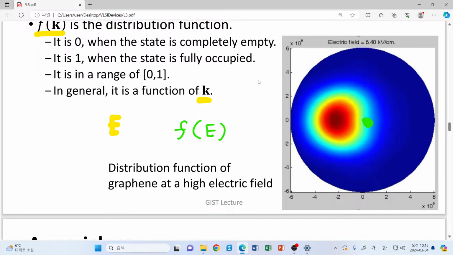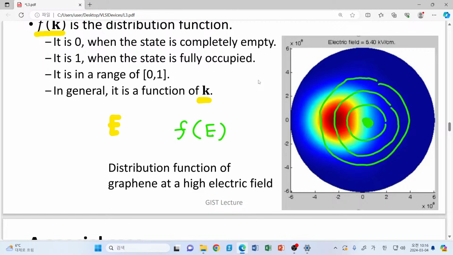Your energy isosurface is given by these circles sharing the same origin. They correspond to isosurfaces. Can you see it clearly? In the general case, the distribution function does not follow the iso-energy surface.